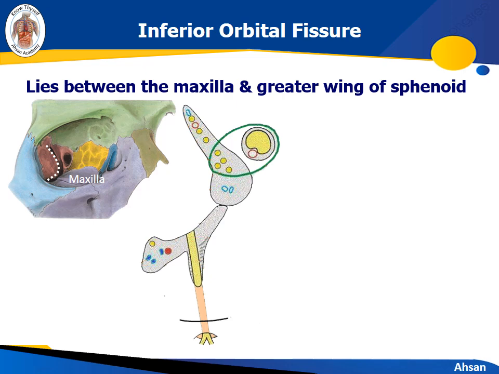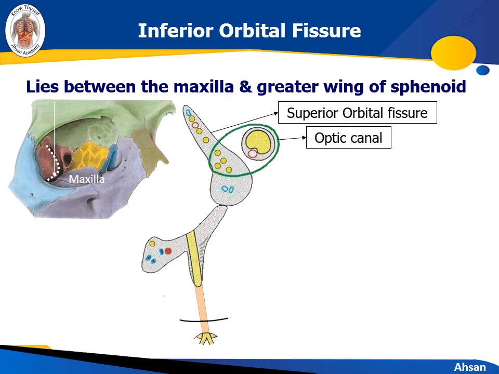The total fissure is shown in white, and this arrow is showing the inferior orbital fissure. So this is the superior orbital fissure shown diagrammatically with the structures passing through it. This is the optic canal showing the structures passing through it, and this one is the tendinous ring which covers this optic canal as well as the mid part of the superior orbital fissure. So the part diagrammatically drawn below is the inferior orbital fissure.